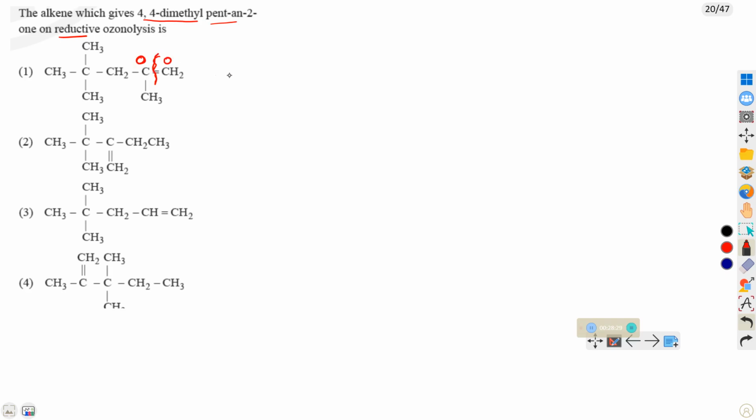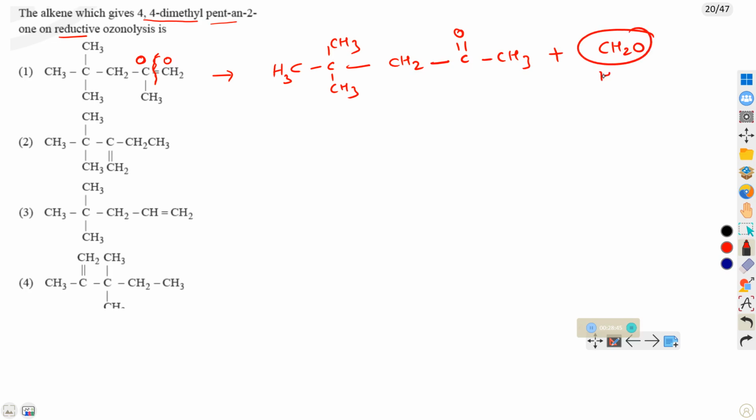Then the products are CH3C(CH3)(CH3)CH2COCH3 plus CH2O, which is also written as HCHO. What is the name of this compound? 4,4 dimethyl pentane 2-one. Based on that, the first option is correct.